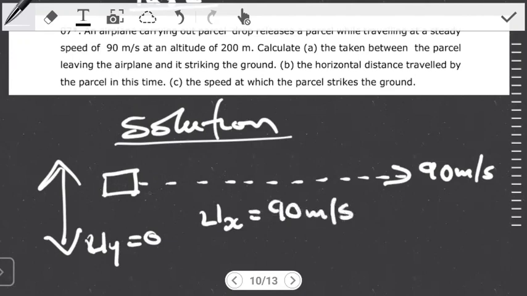So the minute the parcel is dropped from the plane, in the vertical axis, this parcel has no velocity. In other words, in the vertical axis, the parcel starts with an initial velocity of 0.